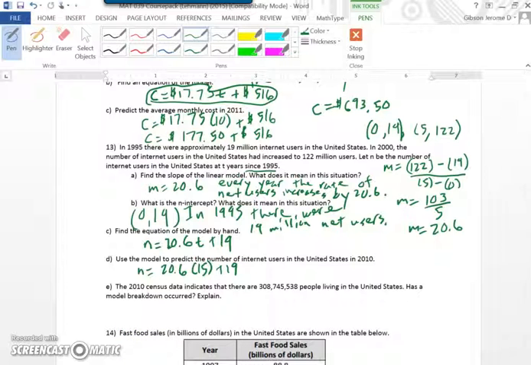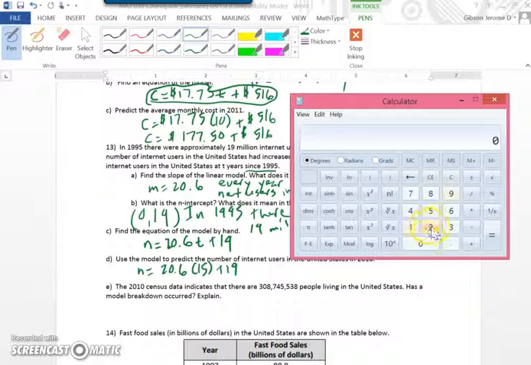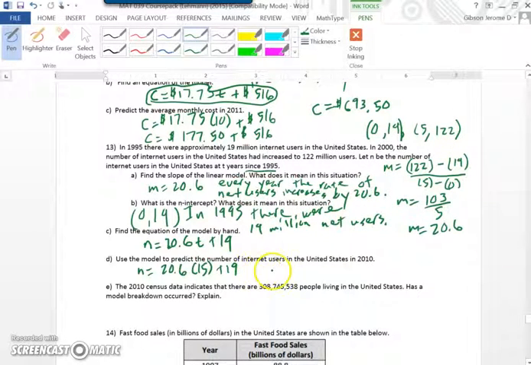In the calculator, we have 20.6 times 15 and then plus 19, which gives us 328. So our final answer here is n is 328, and it's already assumed to be in millions.